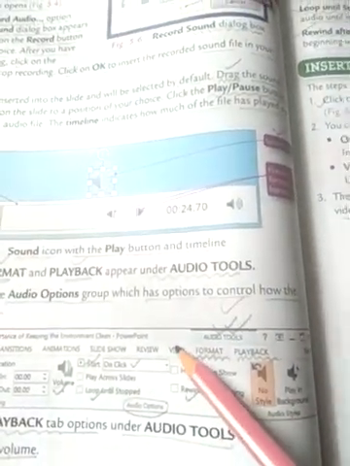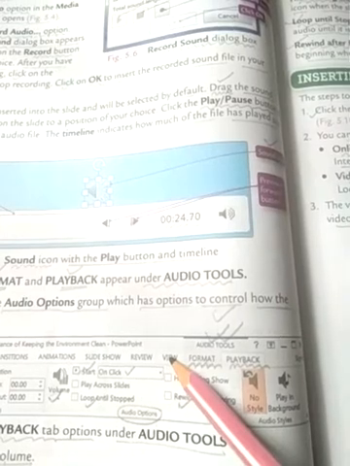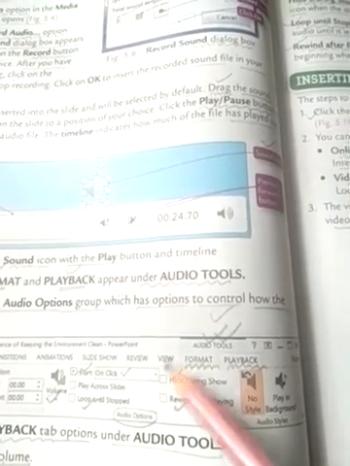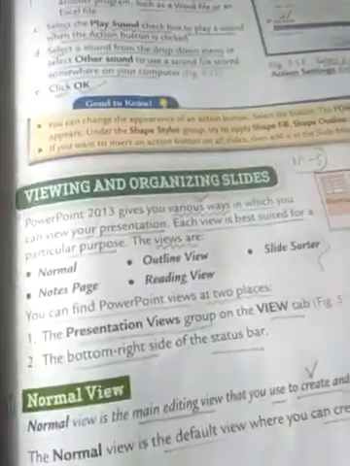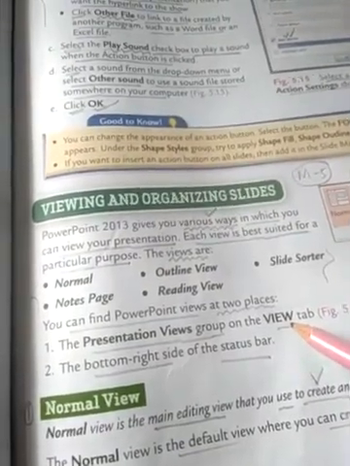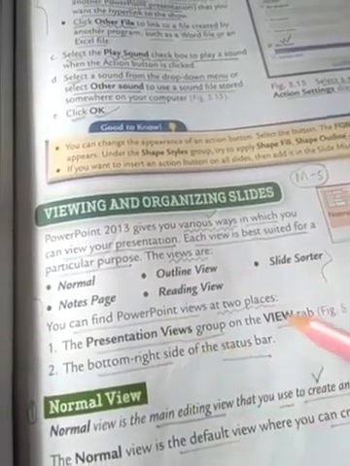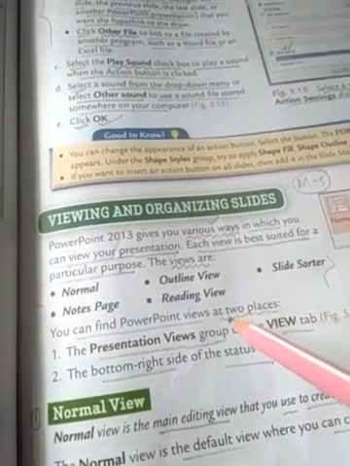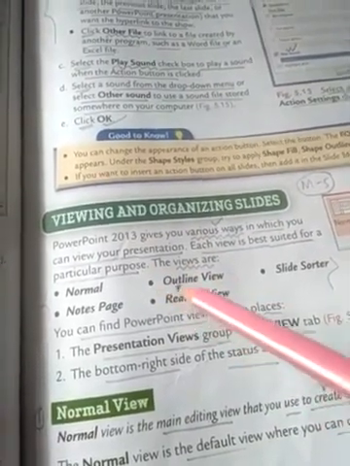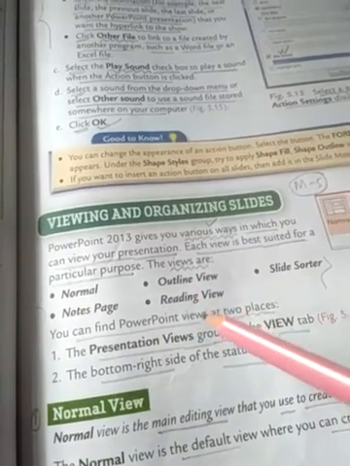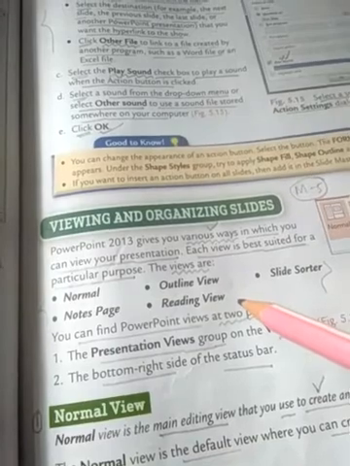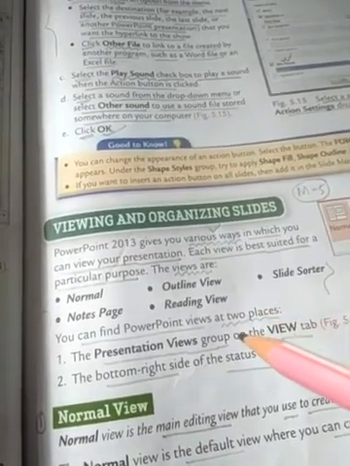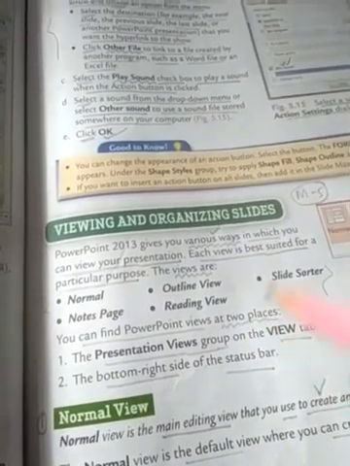This is the View tab of PowerPoint 2013, and when it is clicked, we will come across the presentation views group of this View tab. Under this presentation views group, we can avail these distinct 5 views of the PowerPoint presentation: normal, outline, slide sorter, notes page, and the reading view.